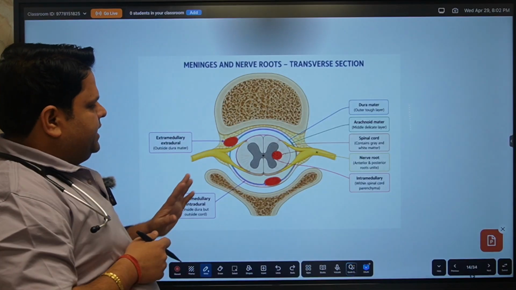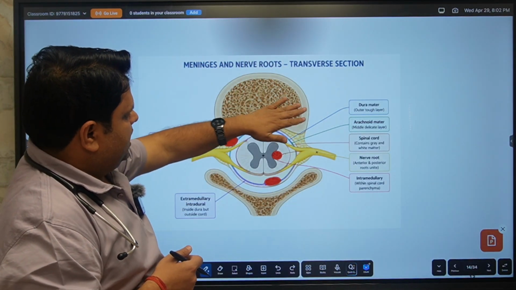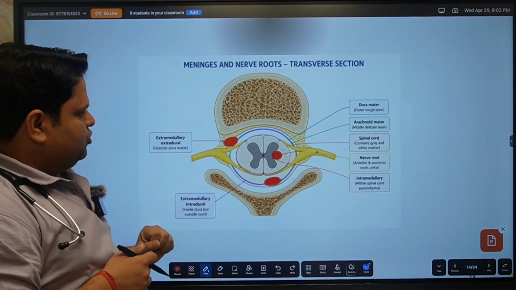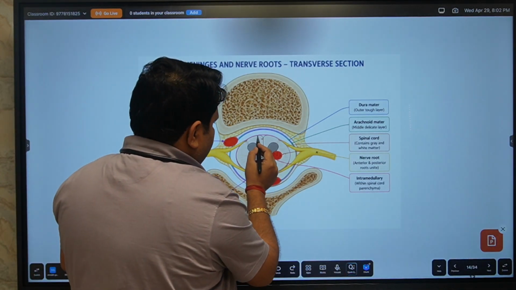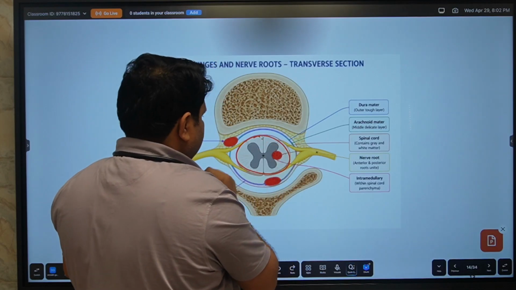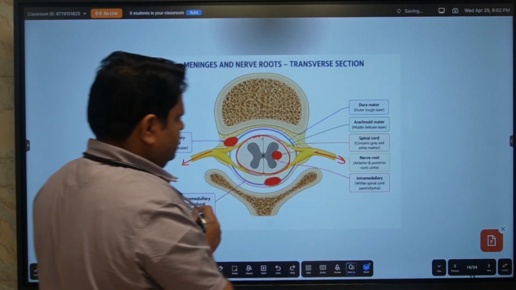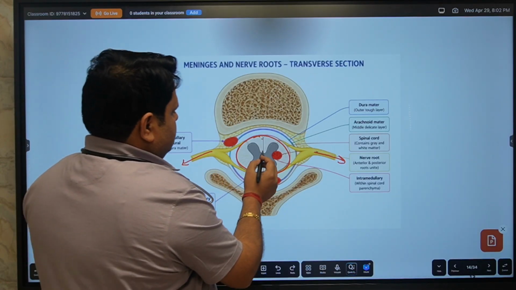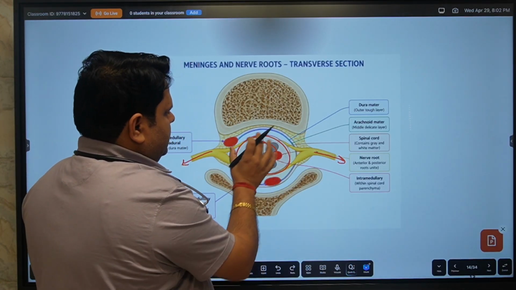This is the diagram of the spinal cord. This is the vertebra, the cut section of the vertebra and the spinal cord. These are our nerves, nerve roots.